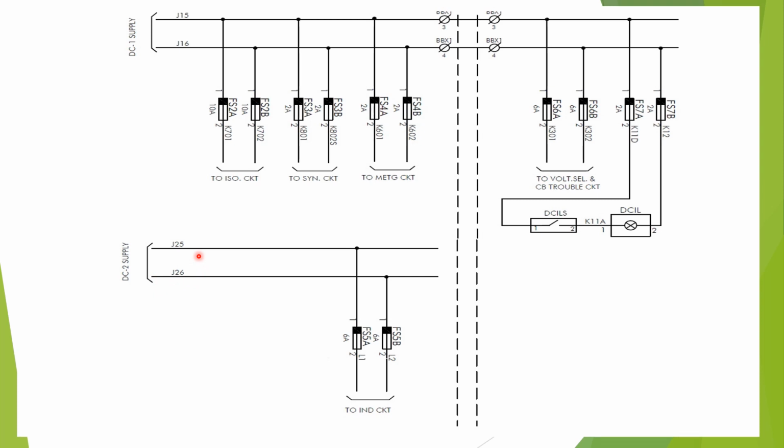That is, these two DCs will be independent of the DC selector switch. Whenever the DC selector switch position is kept at DC source 2, then this will get from the DC source 2, and this is also getting DC from the DC source 2. So this is all about DC selector switch and double DC source.